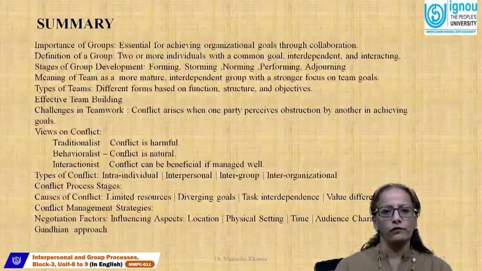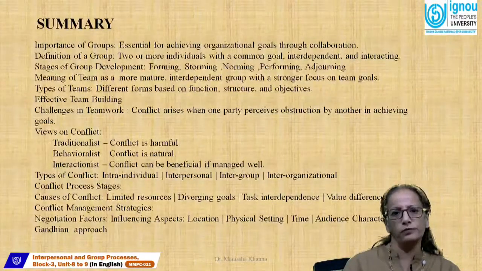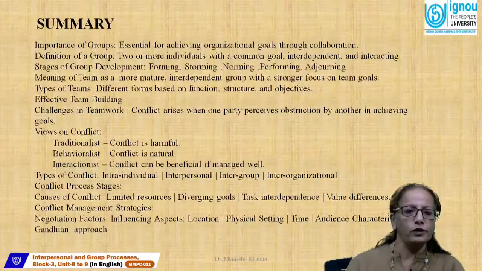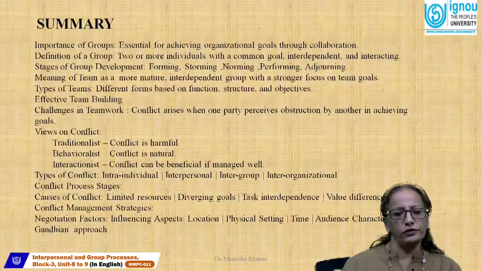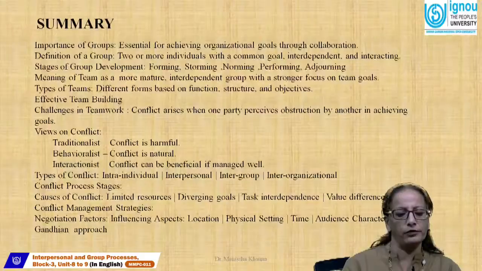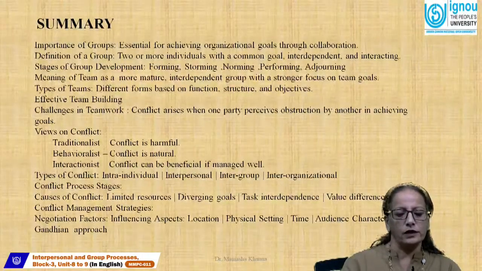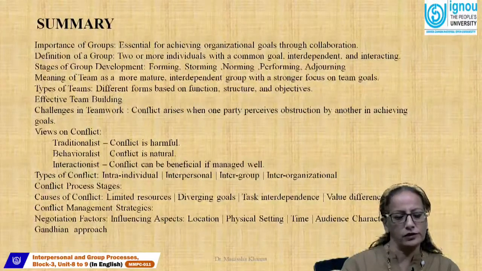So overall, we have learned about the importance of groups. Then we know about the meaning of the group, the teams, formation of teams, definition of team building, and how effective team building happens. We also learned about views on conflicts, that can be traditional, behaviorist, or interactionist.